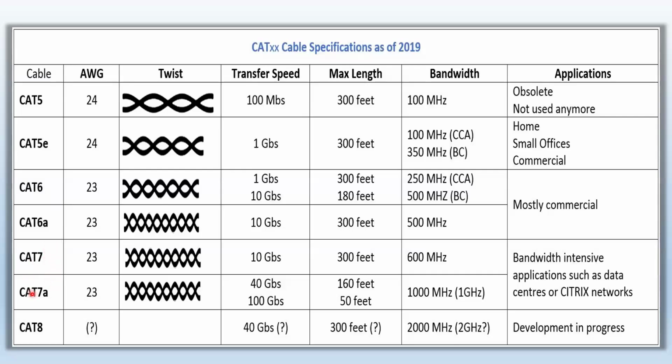You might as well go with fiber. But that's my opinion. The reasoning could be different for whatever reason. So Cat 6a was going to give you 10 gigabits per second for the full 300 feet.